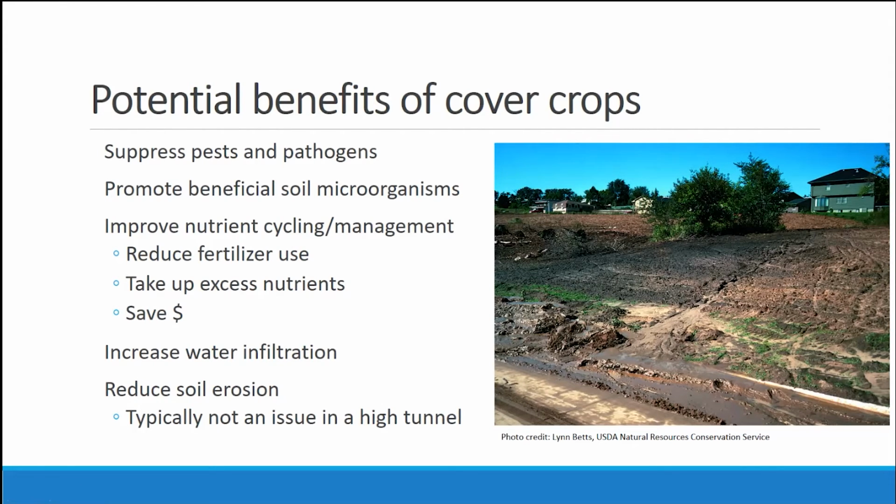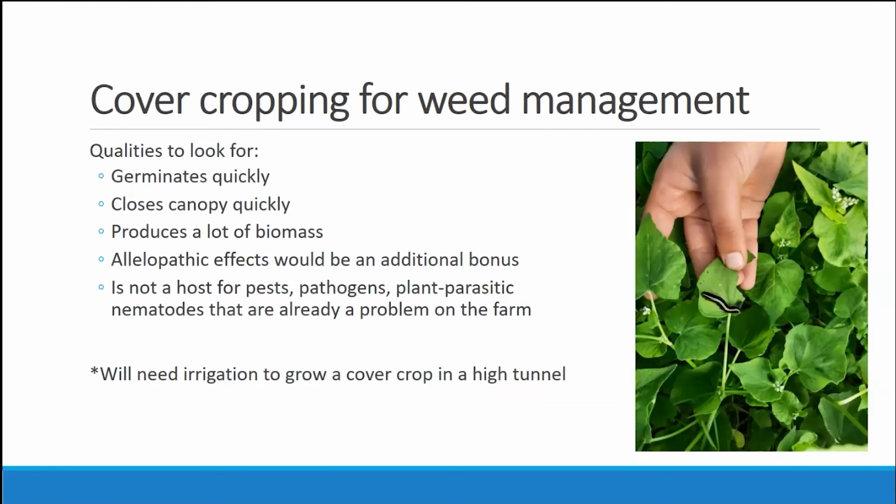So qualities to look for regarding weed management, right, would be it germinates quickly, it closes canopy quickly, right? So you want your cover crop to compete well with your weeds, your potential weeds, right? So you'd want to start with a clean slate, right?